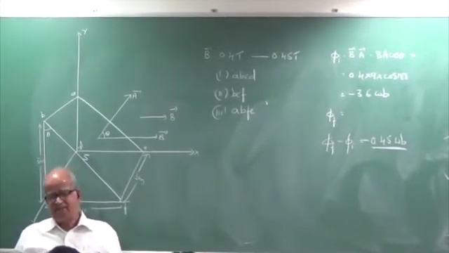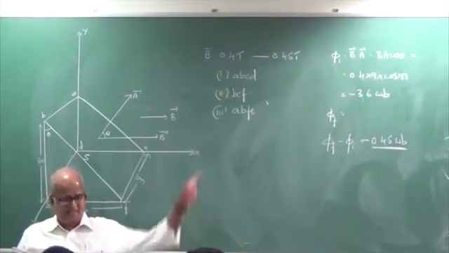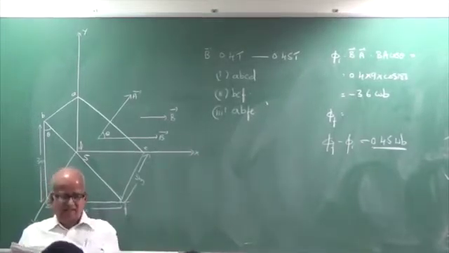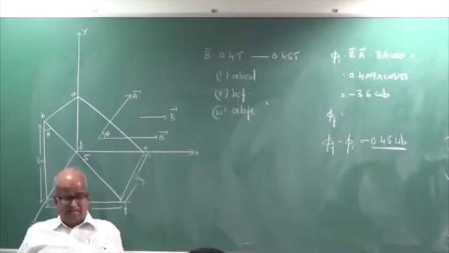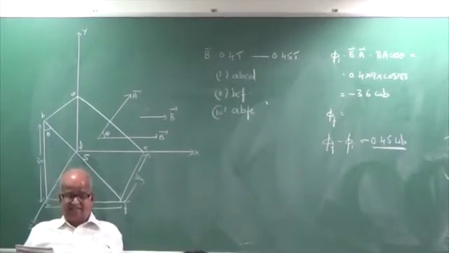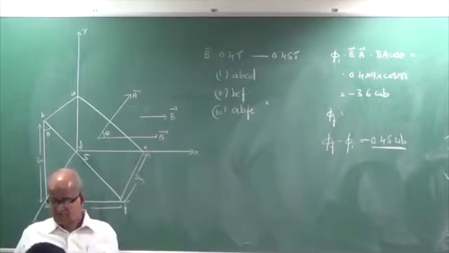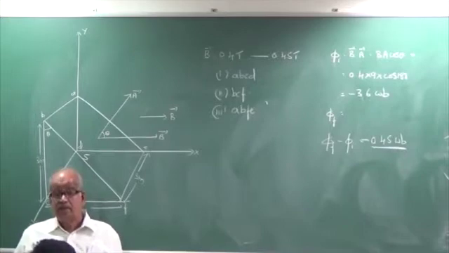Mu naught I by 2 pi r into pi r square, where that r is the radius of the circle. And when I say mu naught I by 2 pi r, that r is the distance of the center of the circle from the wire. How much does it come to?